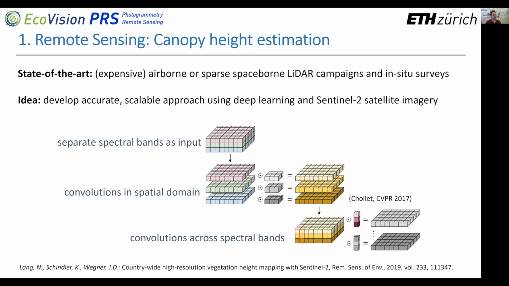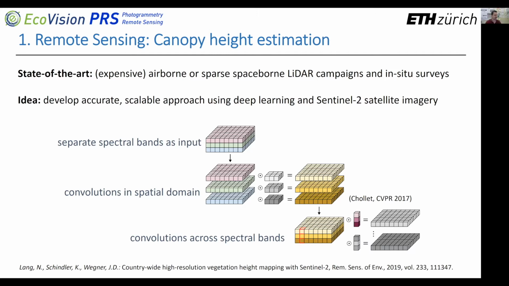Sentinel-2, this European Space Agency satellite, has 13 different spectral bands recording the reflectance of the sunlight off the vegetation in different channels. And another hint at particular properties of vegetation is in the spatial context, so particular texture in the image.